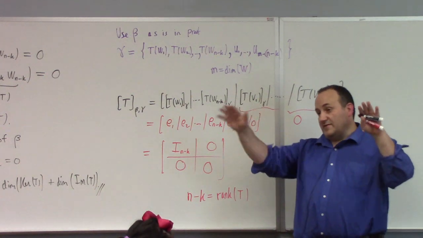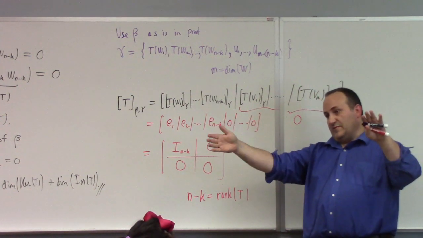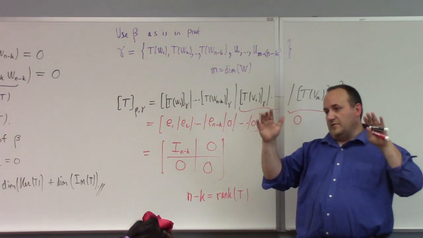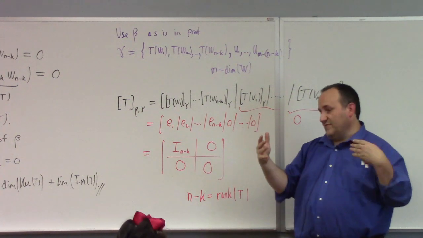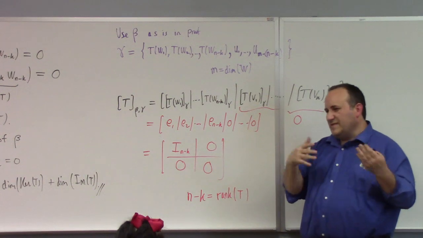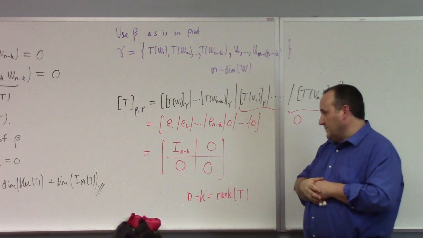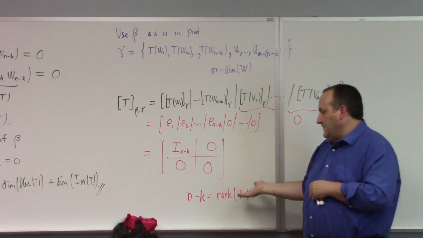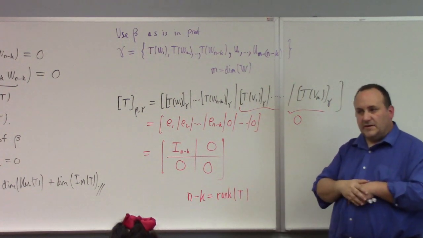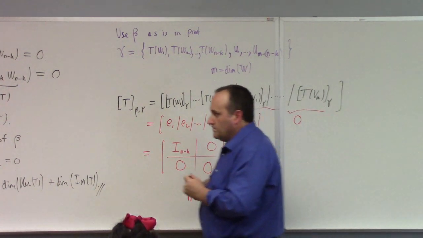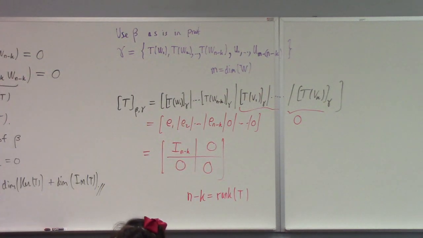For a given pair of vector spaces, if I've got two different linear transformations from one to the other, I can make both of them have the same formula. In other words, they're really the same linear transformation in some sense, provided that they have the same rank. That assumes the flexibility that we are allowed to change the basis in the domain and the codomain separately. So anyway, there you go.